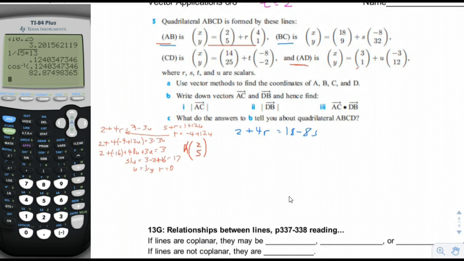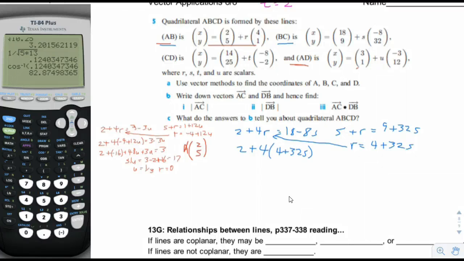And for the y, we're going to have 5 plus r equals 9 plus 32s. And let's solve for r. So r is equal to 4 plus 32s, and then we'll put it in there.